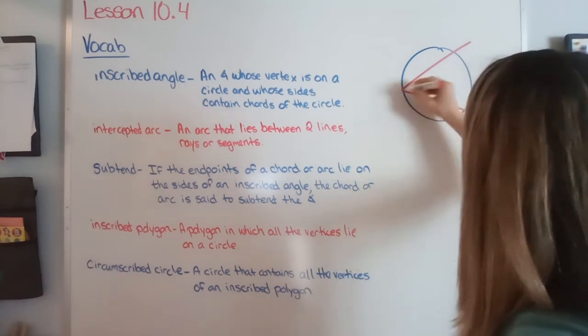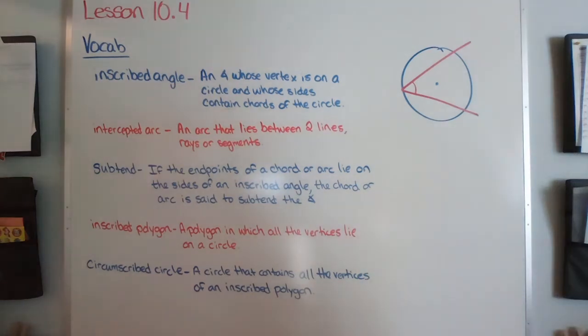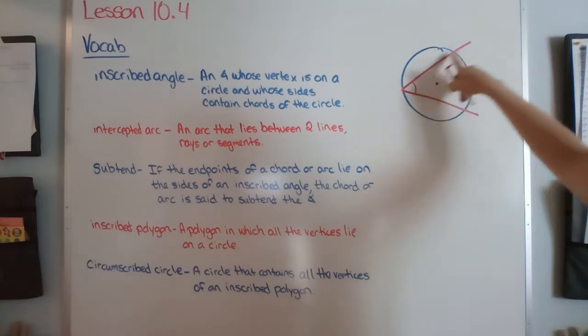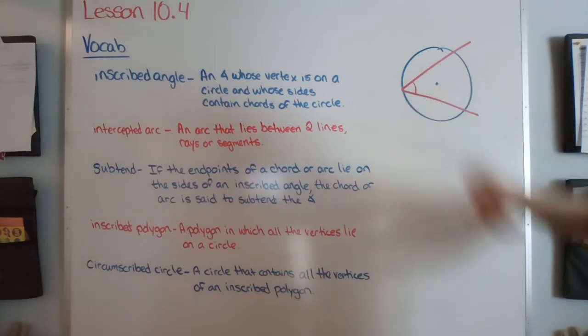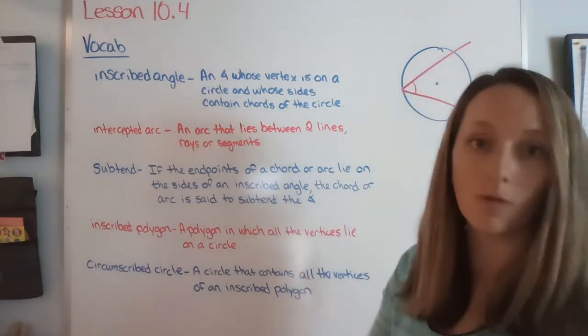The vertex of that angle is there. Here's the angle I'm referring to. That angle right there is called an inscribed angle because its vertex is on the circle and its sides, here's one side, here's the other, contain chords of the circle.